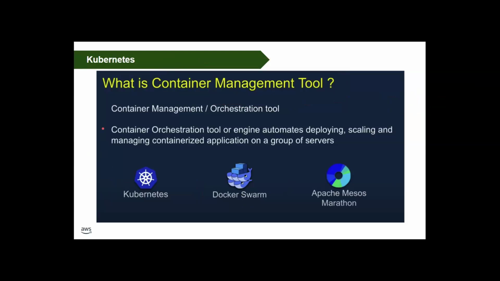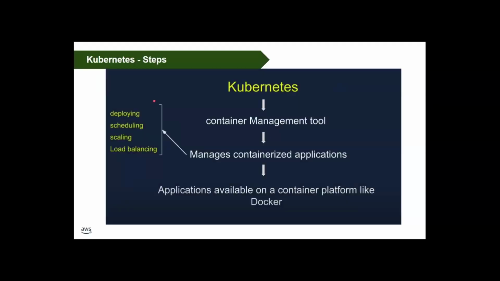containerized tools and engines. We can automatically deploy, scale and manage the containers for your application on a group of servers. Its main job is deploying, scheduling, scaling and load balancing. Load balancing means balancing the load.